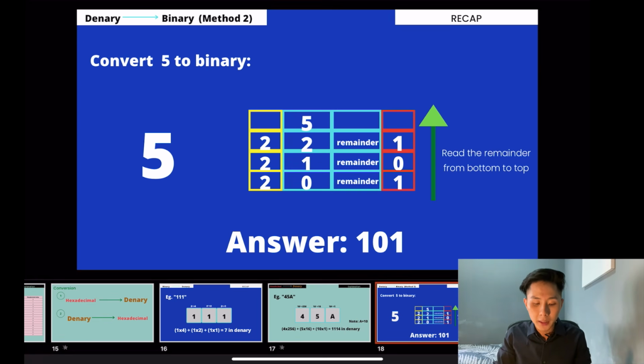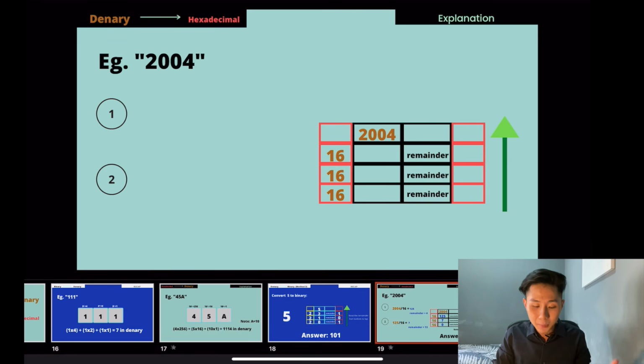Next up, we're going to convert denary into hexadecimal. The way we do this is very similar to how we convert denary to binary. If you remember, the way we convert the value 5 to binary is that we keep dividing it by 2. We have the remainder. We read the remainder from bottom up. Okay? So we have an example here.